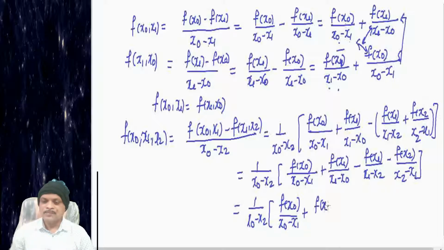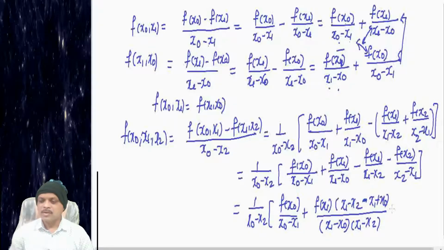F of x1 here, x1 minus x2 minus x1 plus x0 divided by x1 minus x0 into x1 minus x2, minus f of x2 divided by x2 minus x1.